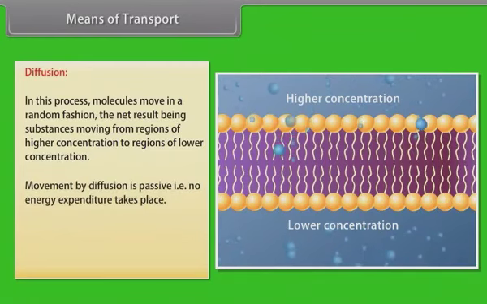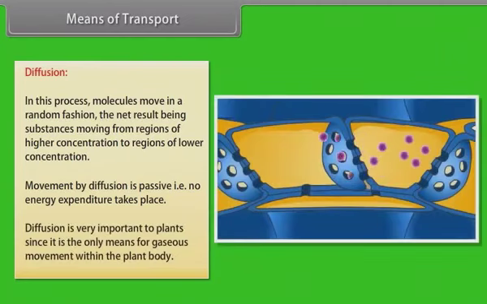Movement by diffusion is passive and may be from one part of the cell to the other or from cell to cell or over short distances, say from the intercellular spaces of the leaf to the outside. No energy expenditure takes place. Diffusion is very important to plants since it is the only means for gaseous movement within the plant body.